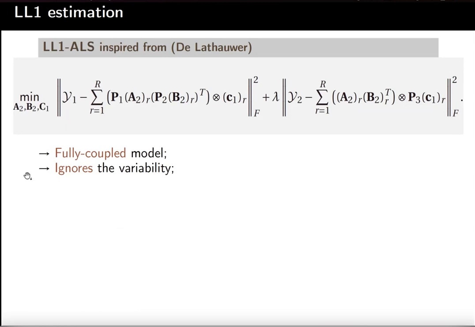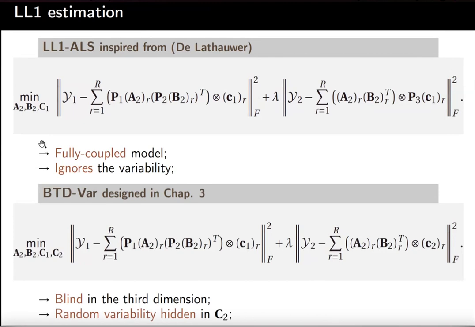Now, since we are considering LL1 estimation, I will remind you of the optimization problems that we are dealing with. The first one is state of the art and is an optimization problem that does not account for variability at all.